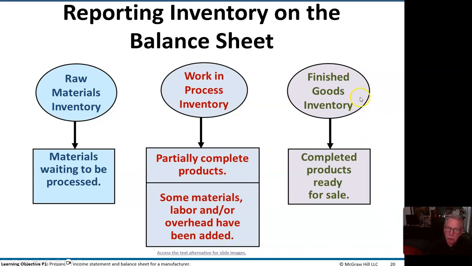The finished goods inventory, we're going to move finished goods from work in process inventory into finished goods inventory when they are completed products ready for sale. Okay, that's the flow of inventory in a manufacturing company.